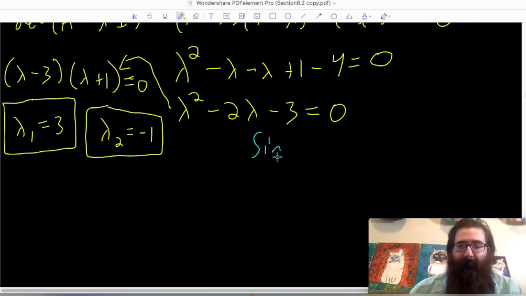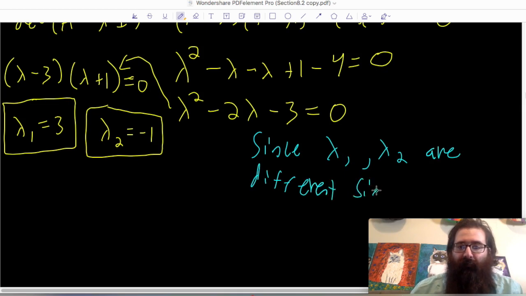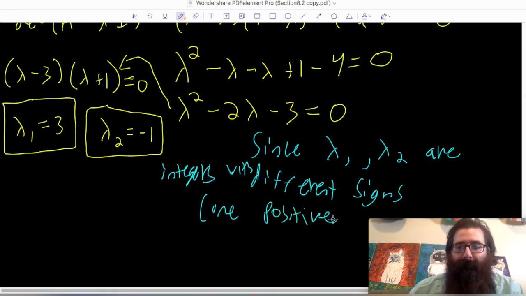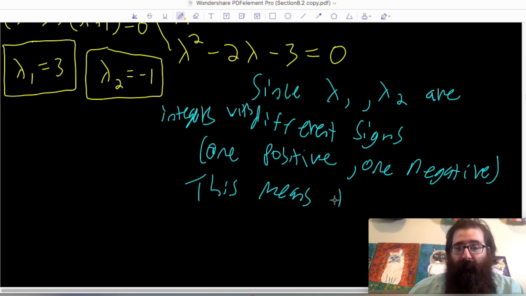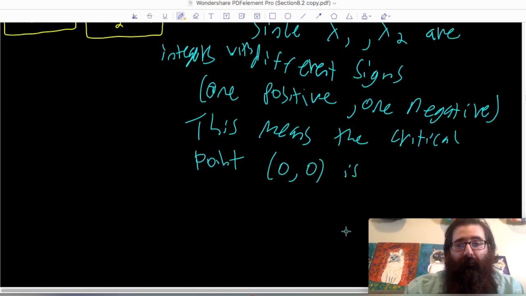So we can say, since lambda sub 1 and lambda sub 2 are integers with different signs, one positive, one negative, this means the critical point 0, 0 is, what do you think it is?